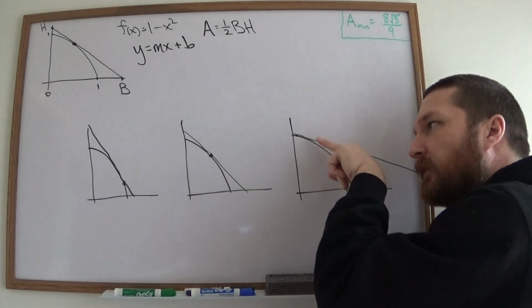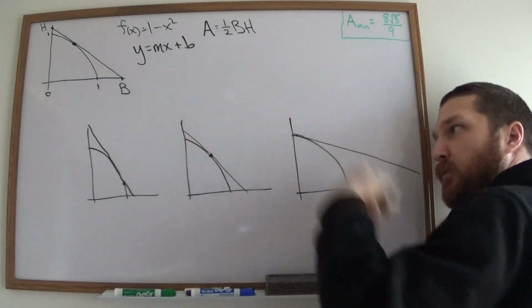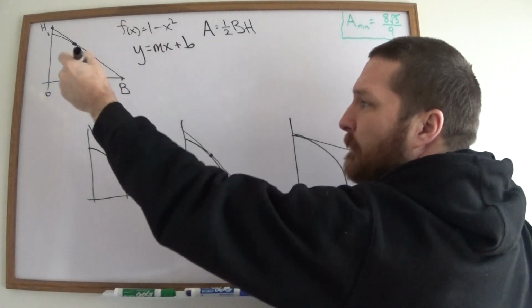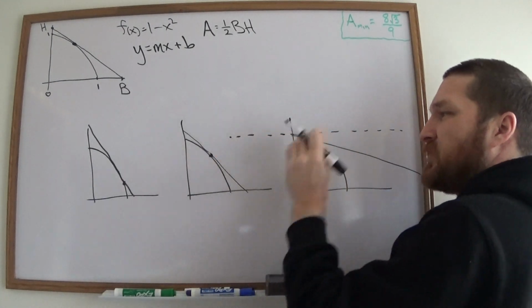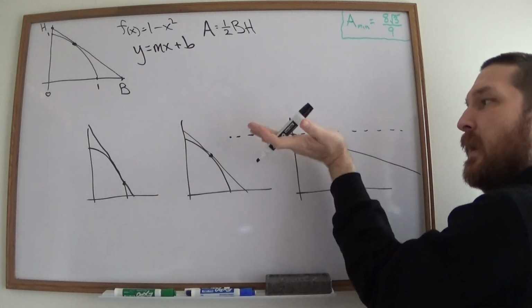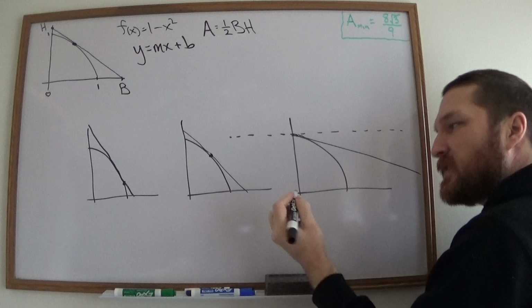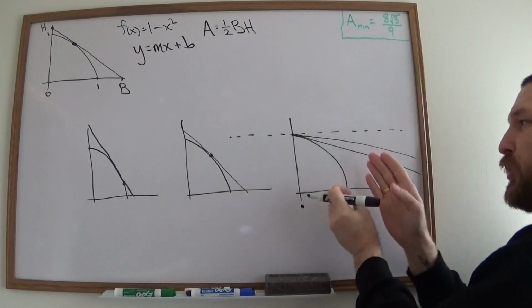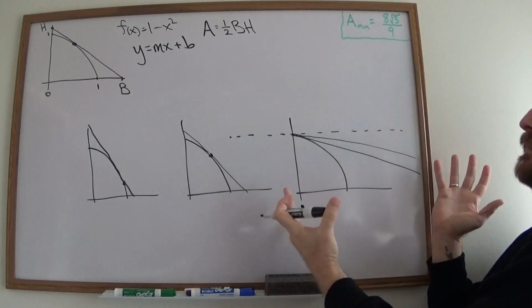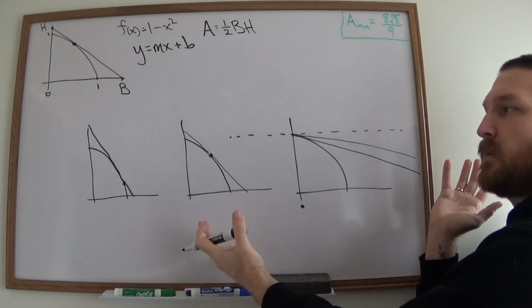It's pretty clear that the closer I put this dot up here to the top of the parabola, if I did it on exactly the top of the parabola, we would have just a straight line going straight across, so that can't be it. And if I bring it back by a tiny fraction of a fraction of a fraction, it's pretty clear that this triangle could be made arbitrarily large. Its area could potentially be as big as you want, right?